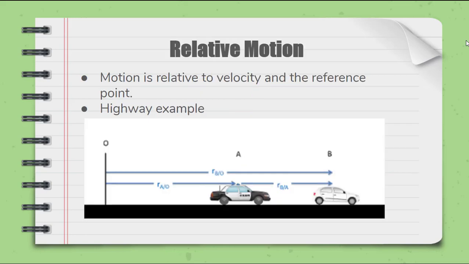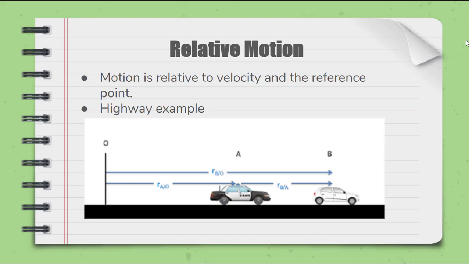Motion is relative to velocity and the reference point. For an example, I like to look at the highway, and let's say we're barreling down 74. If you're going down 74, you may have a speed of 65 miles per hour. But the car next to you may be traveling 70 miles per hour. So it's going to look like that car is traveling at 5 miles per hour because it is going 5 miles per hour faster than what you are going.